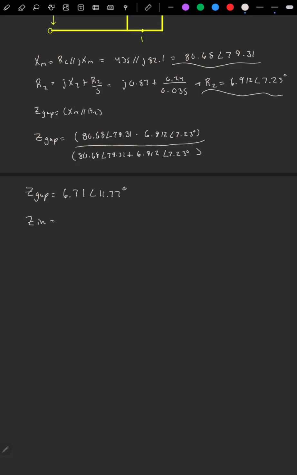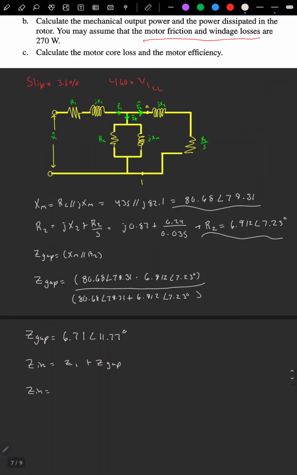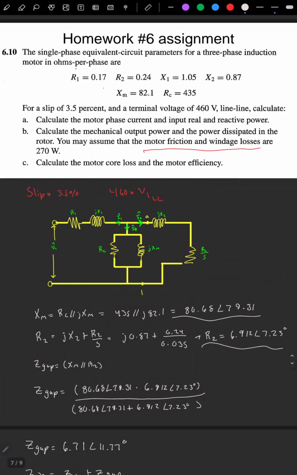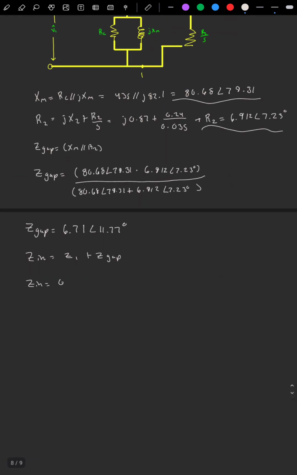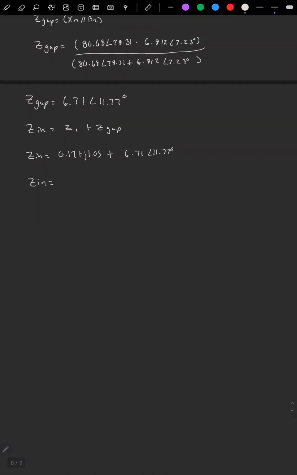So your Z in is going to equal your Z1 plus your Z gap. Your Z in is going to equal your Z1, which is 0.7..., so Z in is going to equal 7.16 phase 19.74 degrees.